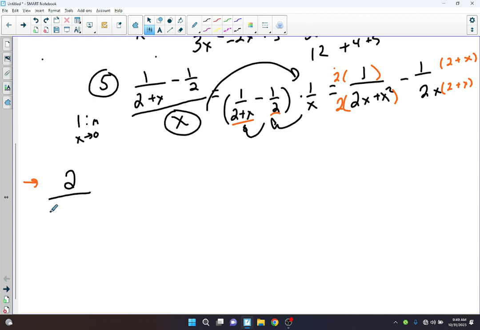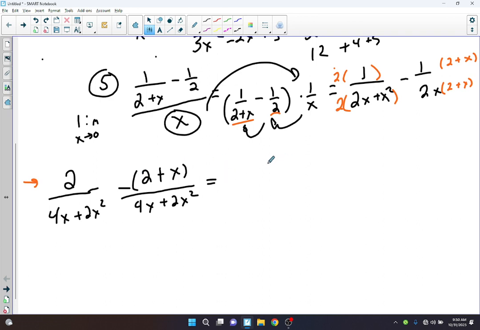Let's do 4x plus 2x squared, minus, this is going to be 2 minus, well, let's just do it like this, 2 plus x. And this over here is going to be 4x plus 2x squared. The denominators match, so I can combine the upper terms, right? Well, wait, 2 minus 2 is 0.